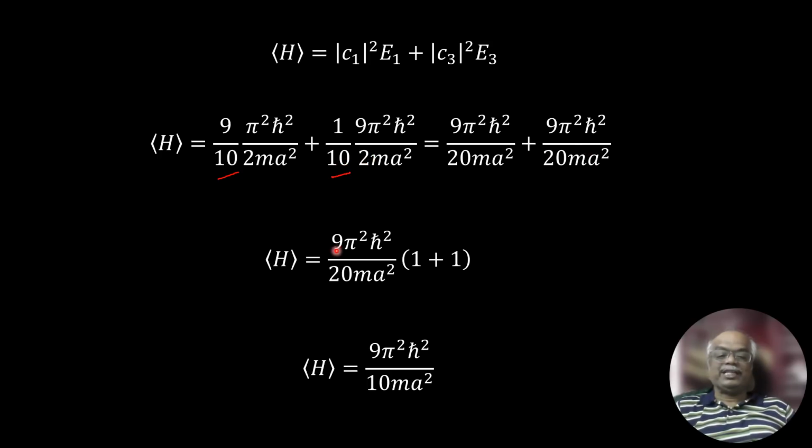So you can take 9π squared ħ squared over 20 ma squared as common. Here you will get 1 plus 1, which is 2. This 2 will get cancelled with this 20. You will get 10. So the expectation value of the Hamiltonian is 9π squared ħ squared over 10 ma squared. So we have answered that also.